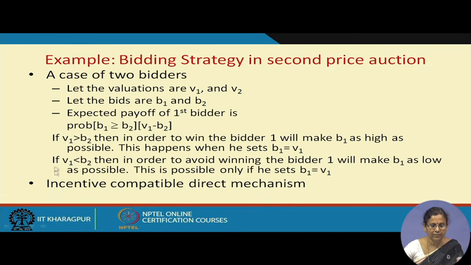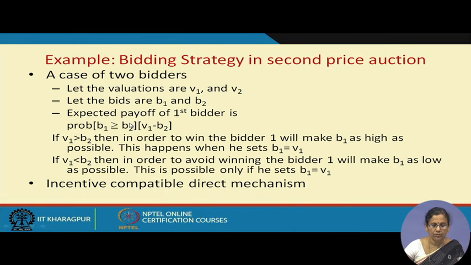The second situation is my valuation is less than B2, which means the other person's bid. My valuation is much lower than the other person's bid. So, if I win by chance, my payoff will actually be negative.